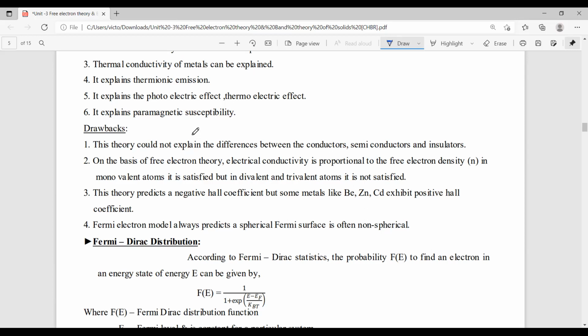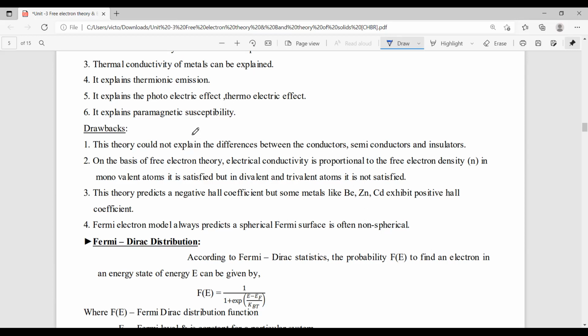Actually, metals possess a negative Hall coefficient, but here some metals like zinc and cadmium exhibit a positive Hall coefficient. So what is the reason? It could not explain that. And also, the Fermi electron model always predicts a spherical Fermi surface, but the Fermi surface is often non-spherical, so it could not explain that either. So these are the drawbacks of quantum free electron theory.